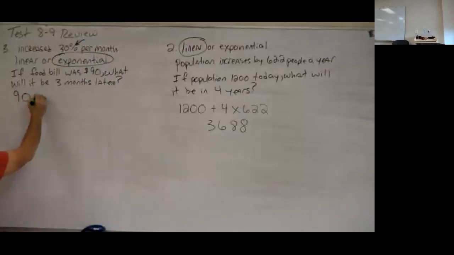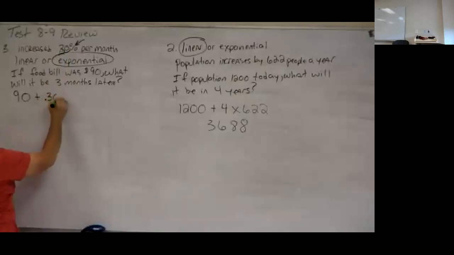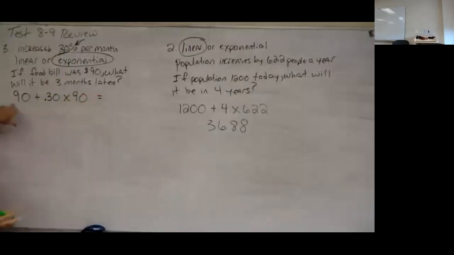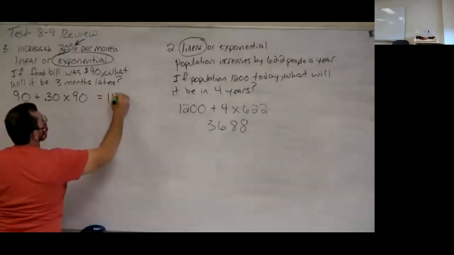For the first month, remember, you can't multiply by 30%, so you turn that into a decimal. You move the decimal left twice, so that'll be 0.30 times what you started with, which was the $90. So you start with $90, then add 30% of that $90 to it. That gave me 117 for that first month.